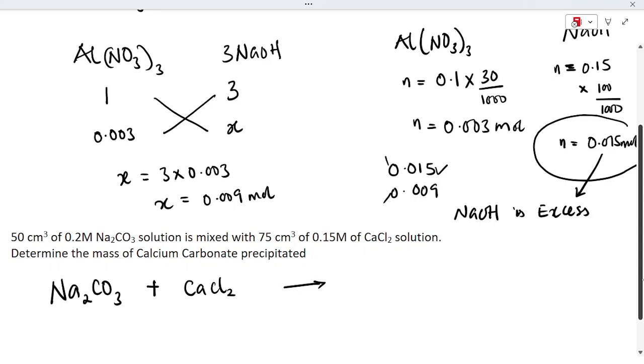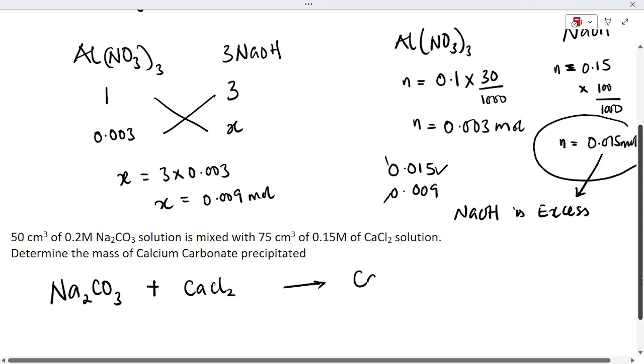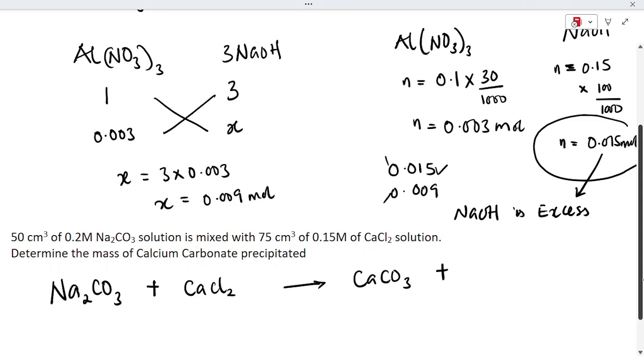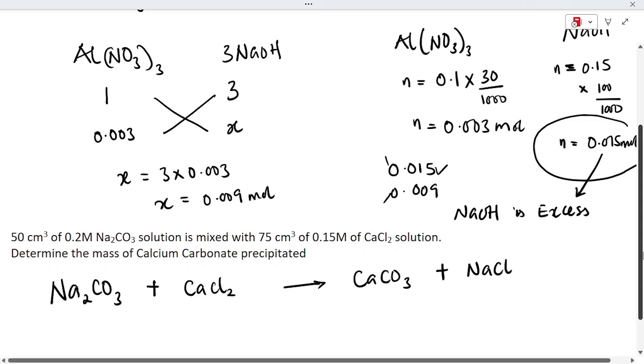Again, this is going to be a case of double decomposition. They simply swap the radicals that they carry. So sodium takes chlorine and calcium takes carbonate. So you have CaCO3 plus NaCl. Once again, you have to write the chemical formulas properly.